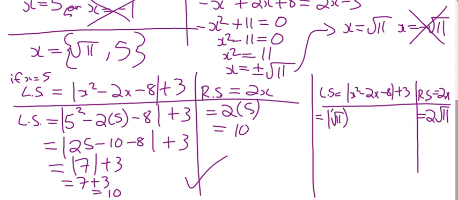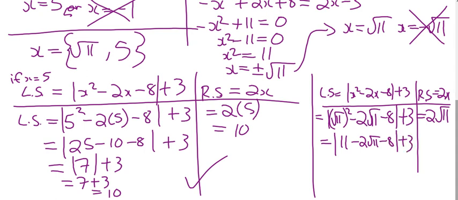So root 11 quantity squared minus 2 root 11 minus 8 plus 3. The root of 11 squared is 11, so we got 11 minus 2 root 11 minus 8 plus 3. So we have 3 minus 2 root 11 plus 3. So what's the absolute value of 3 minus 2 root 11?